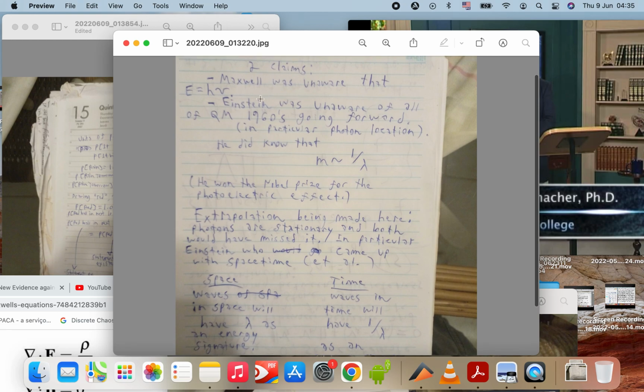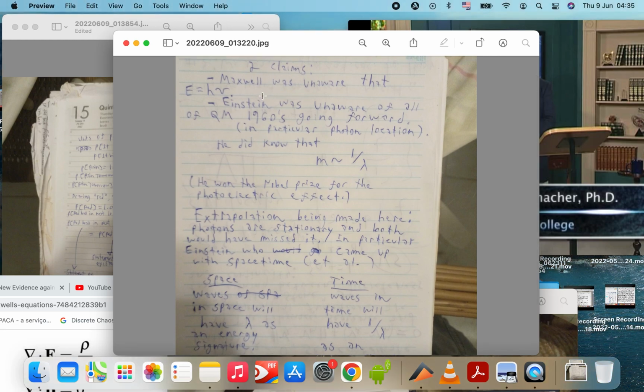Maxwell missed it because he didn't know that the energy signature of photons is a frequency. And a frequency as an energy signature can only propagate in time. It cannot propagate in space.